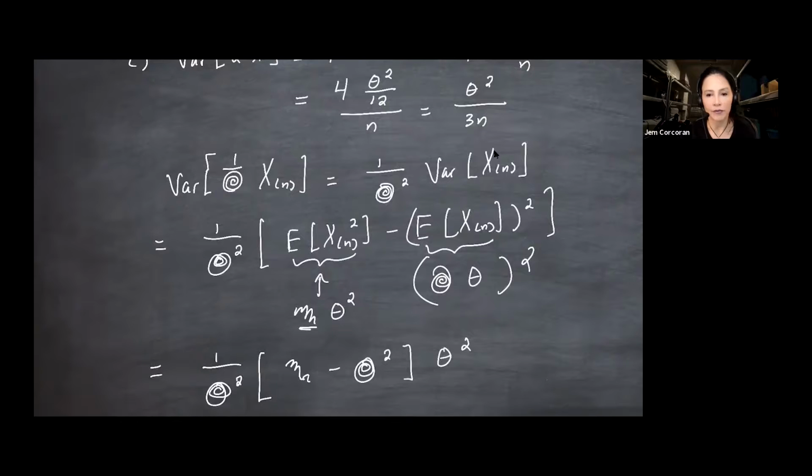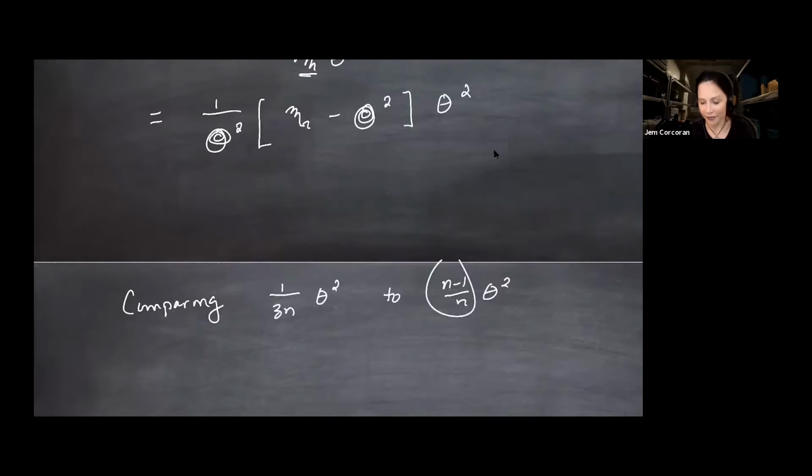And the variance is a function of theta, so you're going to get to something like comparing, now I'm totally making this up, 1 over 3n theta squared to n minus 1 over n theta squared. Now this is just made up. That is not what you get. But it comes down to comparing these coefficients as a function of n.